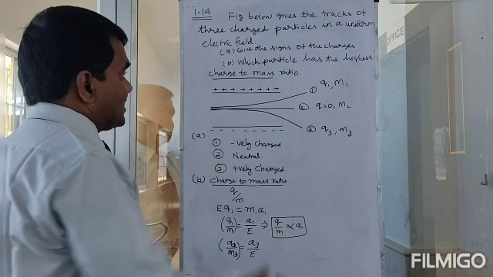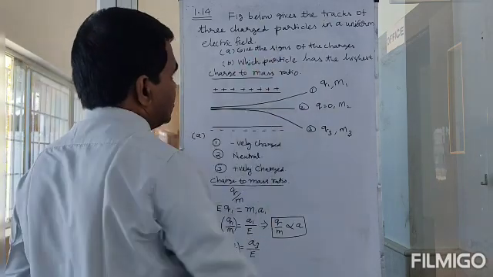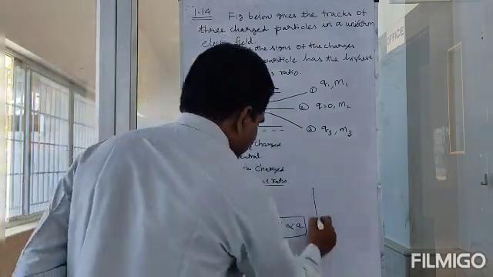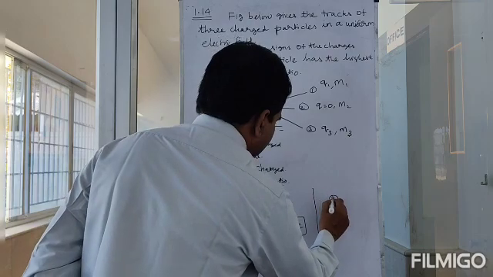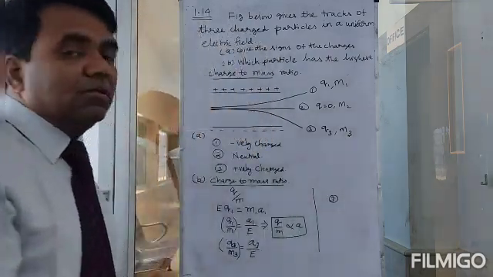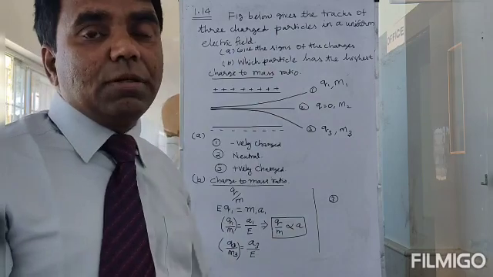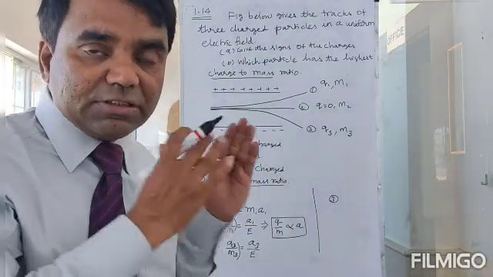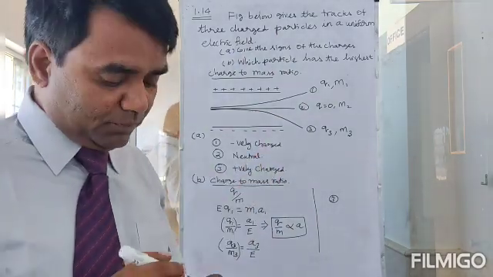So which particle has the highest charge to mass ratio? Clearly particle 3 has the highest charge to mass ratio. This is how you do this problem.